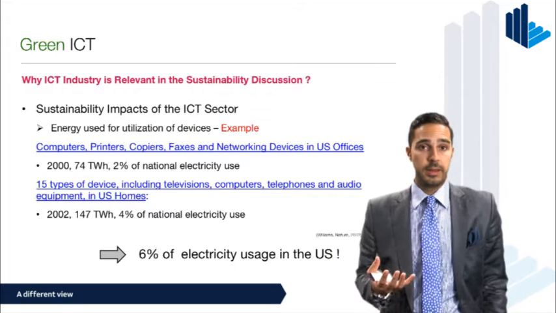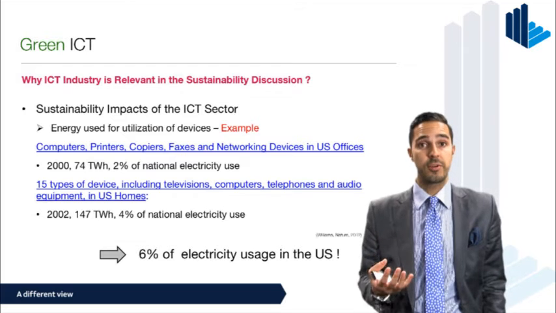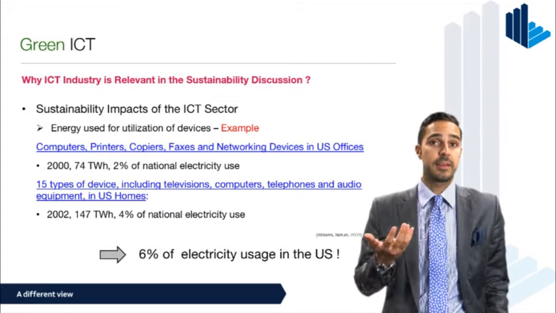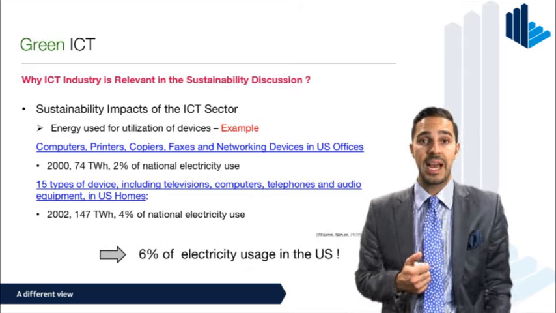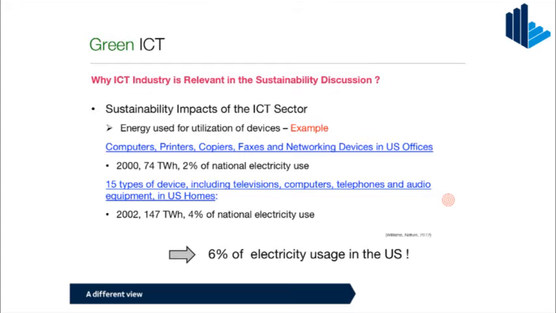So the ICT sector, as we said, uses a lot of energy, and this is confirmed by looking at data coming from a number of countries. Here in this slide, I have reported the case of the United States, where the energy used for computers, printers, copiers, faxes, and network devices in US offices, in 2000, accounted for 2% of the national electricity use.